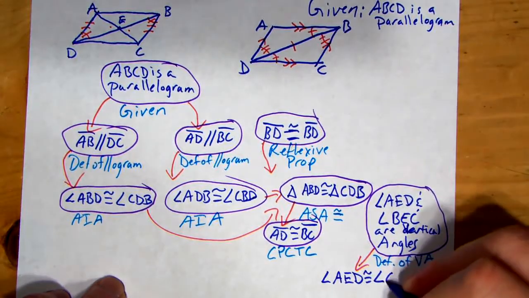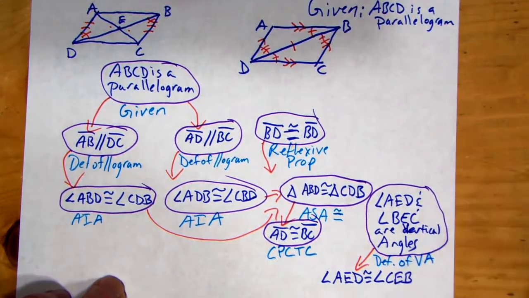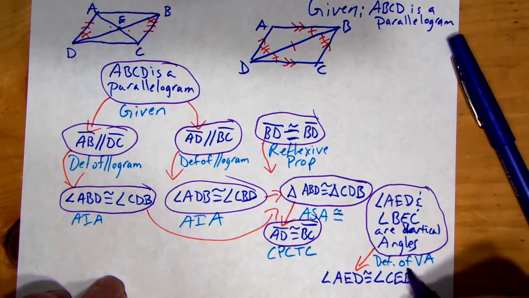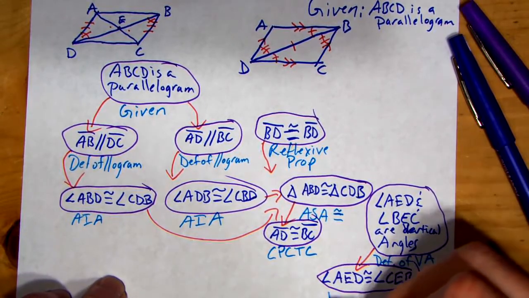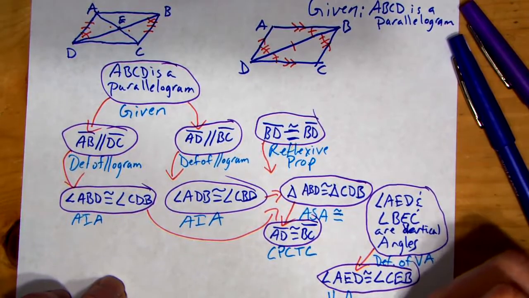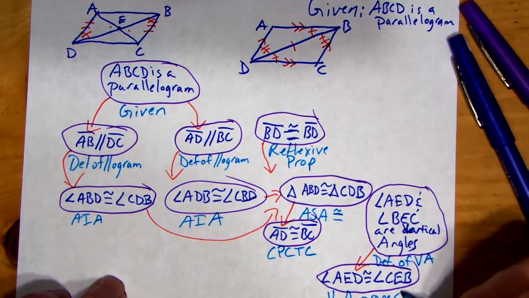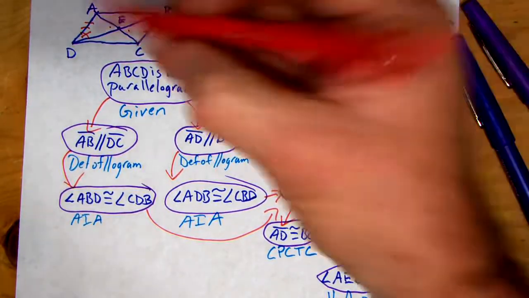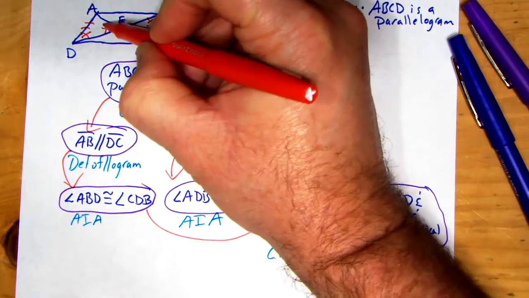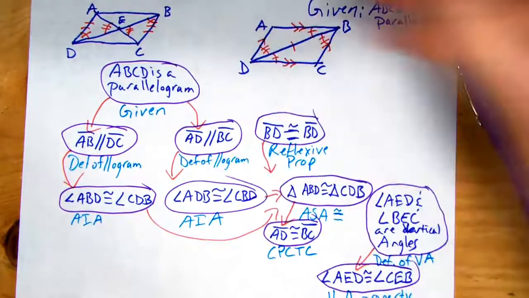We'll name it slightly differently so it matches with our triangles later on. And that's the vertical angles property. Okay, so we can mark up our picture here, saying those two angles are also congruent.